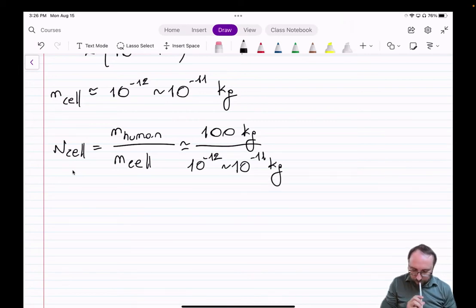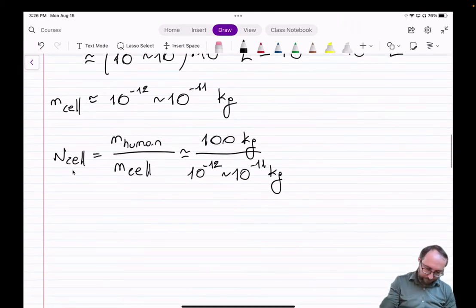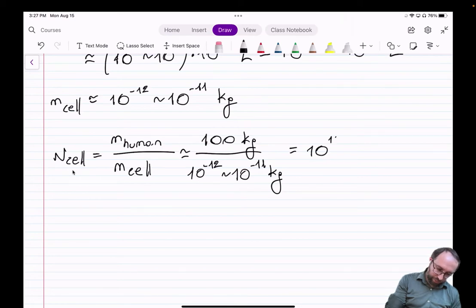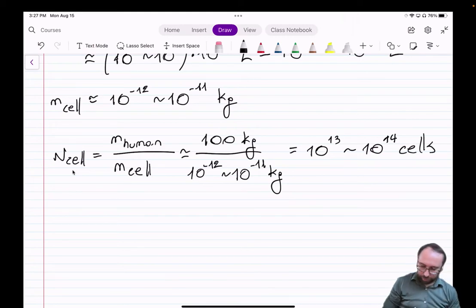And am I doing this right? Yeah. So this tells me that the range of cell numbers could be all the way from 10 to the 13 to 10 to the 14 cells. Okay. And this number seems to be pretty close in terms of the actual number of cells. It's somewhere between 10 to the 13 and 10 to the 14.